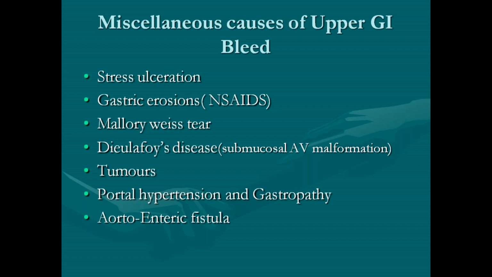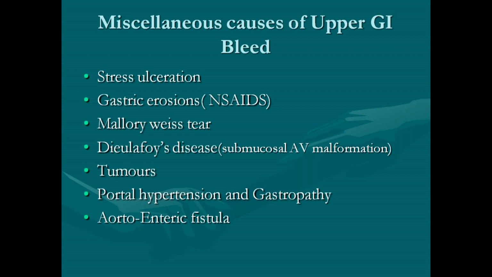What happens because of the increased portal pressure? The affected mucosa exudes blood. That is the reason why there is bleeding either in the esophageal varices or in the gastric varices. So you can control this with the help of endoscopic guided sclerotherapy or banding, or with the help of the balloon tamponade.